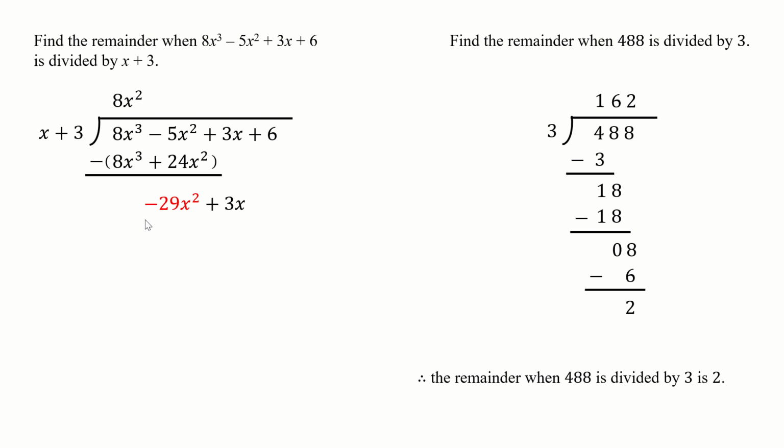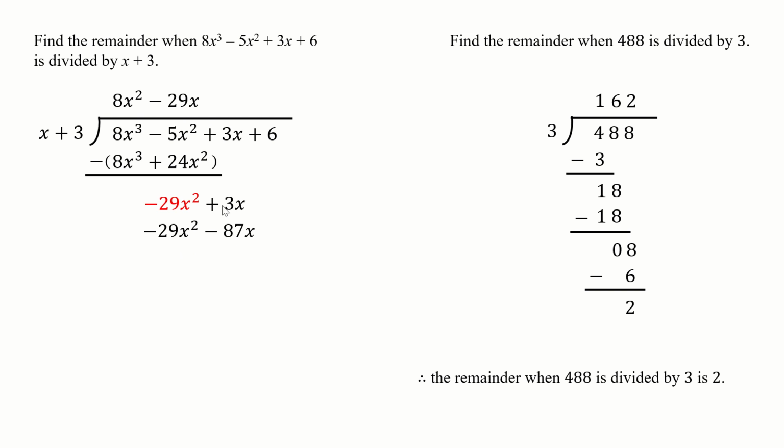To get rid of negative 29x squared, I have to multiply something by x plus 3. So I consider negative 29x, because when negative 29x is multiplied by x plus 3, I get negative 29x squared minus 87x.